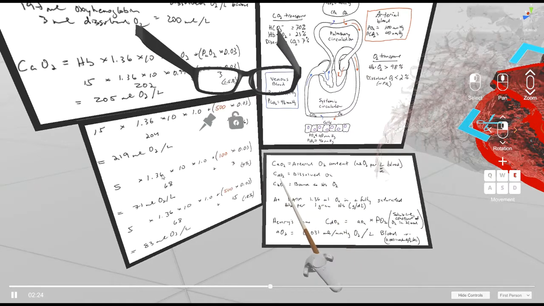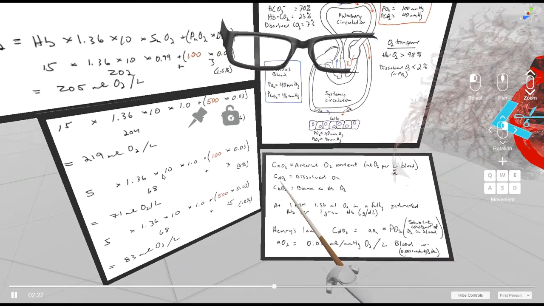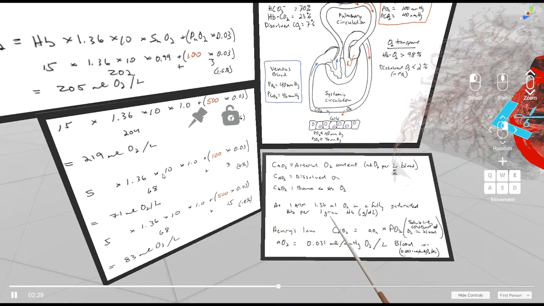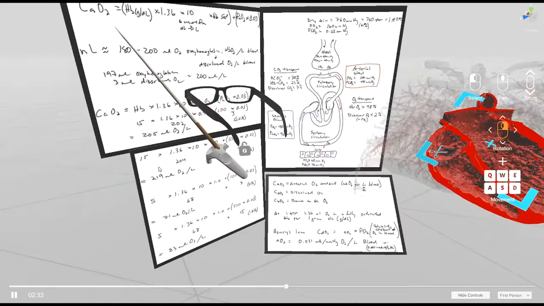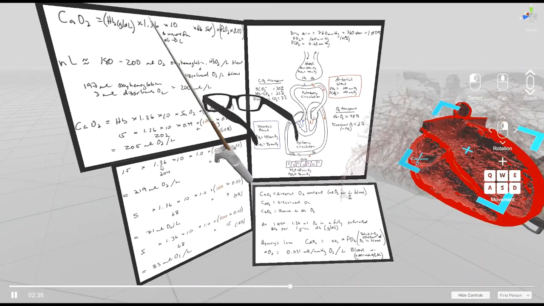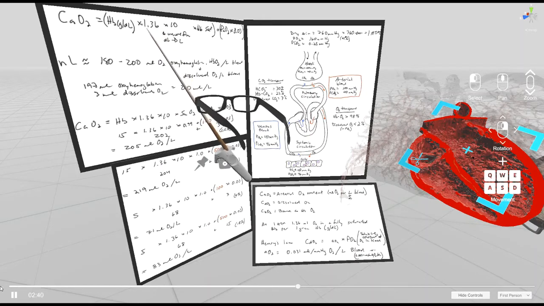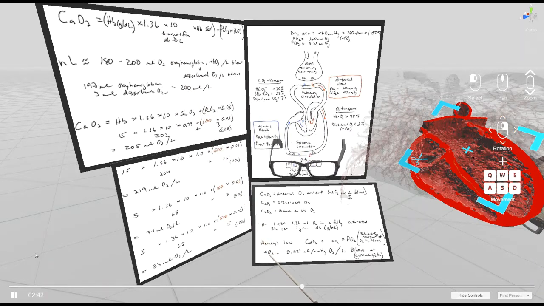Those are a couple things. You really don't need to know the dissolved versus bound. But let's talk about this equation here, which is arterial oxygen content. You have hemoglobin in grams per deciliter in the blood. You times it by 1.36, which is the constant, which is at 1 atm, you have 1.36 milliliters of oxygen in a fully saturated hemoglobin per 1 gram of hemoglobin per grams per deciliter.